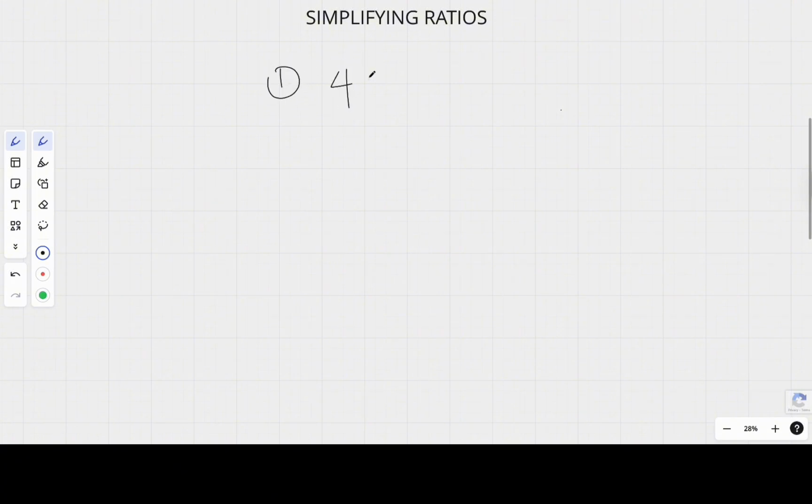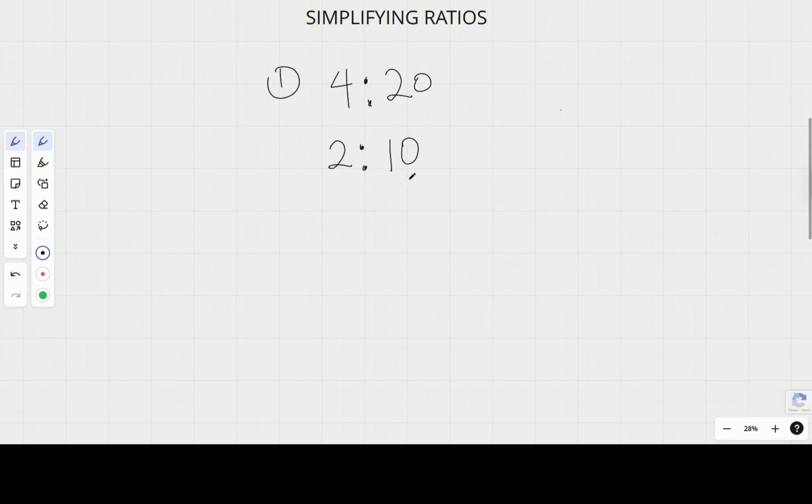If we have 4 ratio of 20, to simplify it, you think of a number that can go into 4 and 20. That number can be 2. 2 goes into 4 2 times, and 2 goes into 20 10 times.